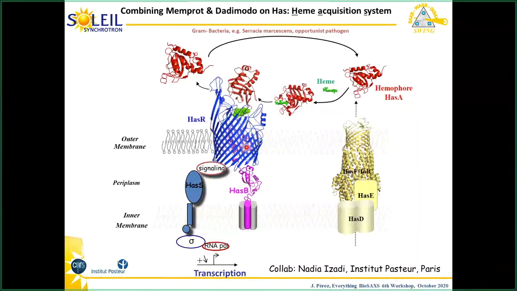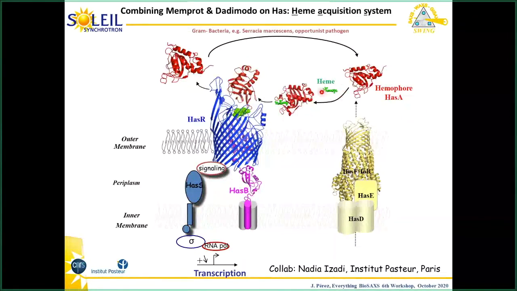The role of this protein is to capture the iron within a heme that will be outside the bacterial cell.